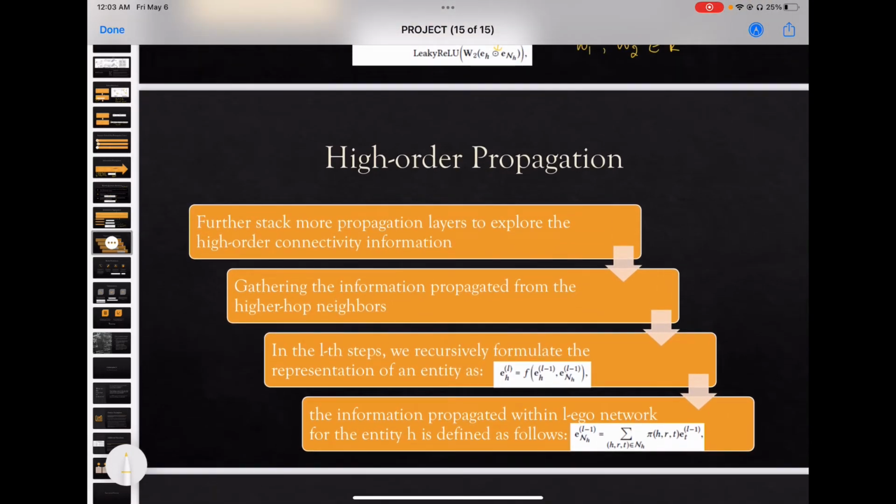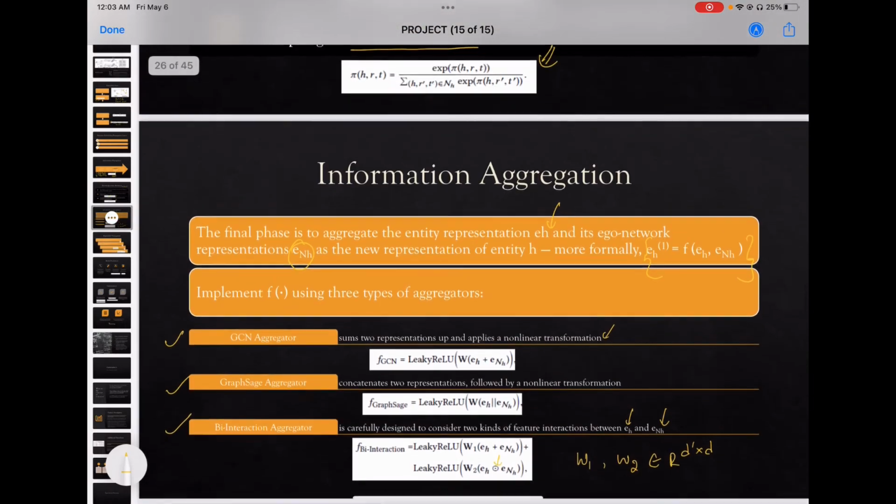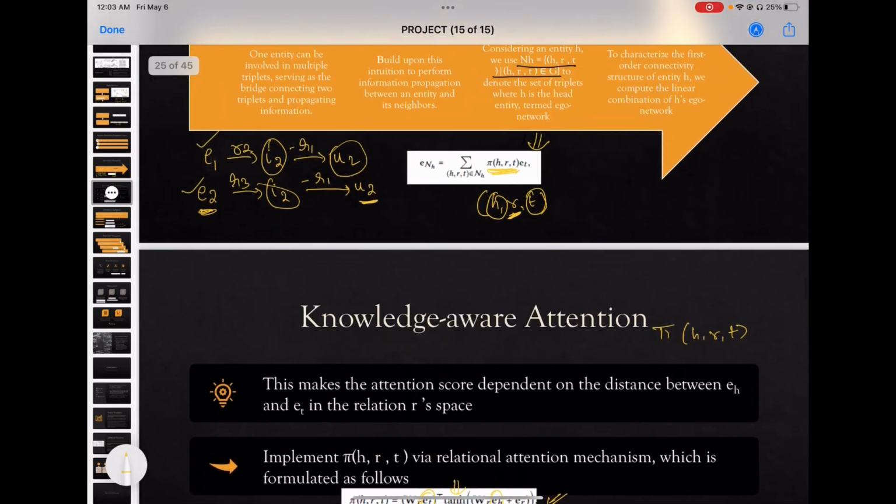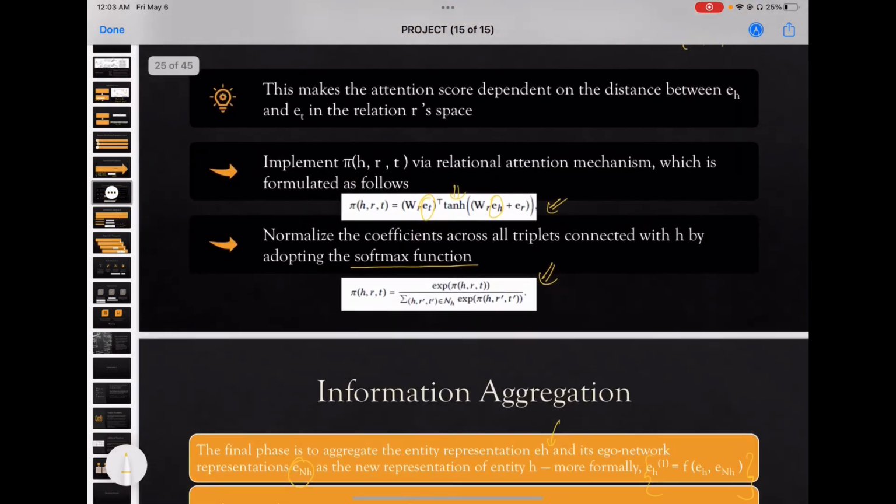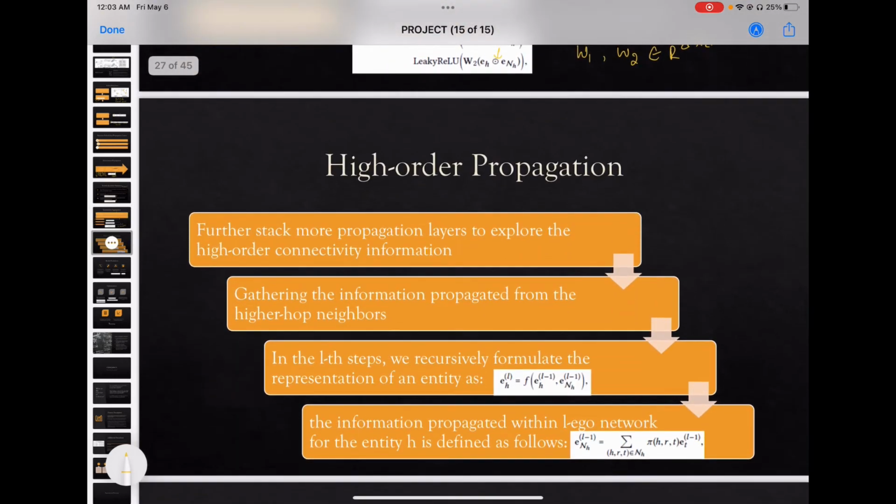We can further stack more propagation layers to explore the high-order connectivity information. All the procedures that we saw until now have only the first-order information aggregated, but as we stack more layers, we can get higher-order information.